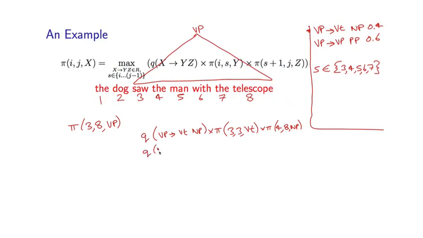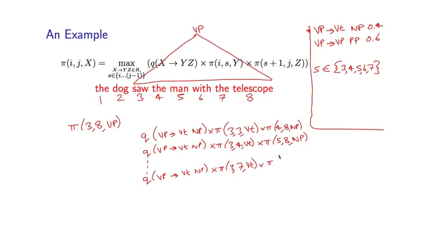Another option is q of VP goes to Vt NP times pi of 3, 4, Vt times pi of 5, 8, NP, and so on and so on. Finally, up to q of VP goes to Vt NP times pi of 3, 7, Vt times pi of 8, 8, NP. So here I've fixed this rule and I've searched through all these values for s.